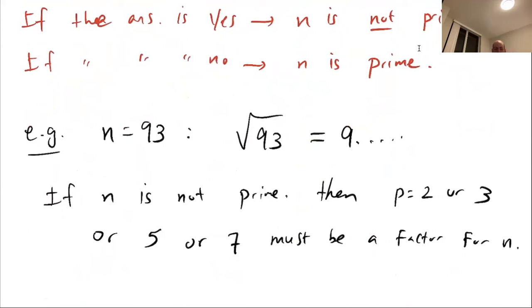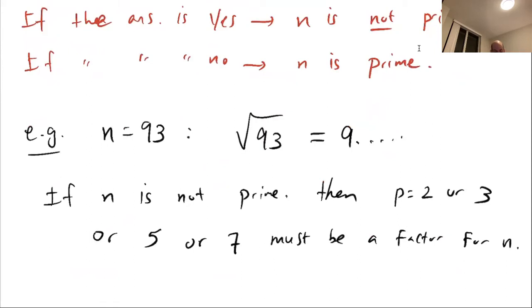Which prime numbers are less than or equal to 9 point something? Well, 2 is one of them, 3 is one of them, 4 is not a prime, so I didn't list it. 5 is one of them, 6 is not a prime, I didn't list it. 7 is one of them, 8 is not a prime, I didn't list it. 9 itself is less than 9 point something, but again, 9 is not a prime, so I didn't list it.